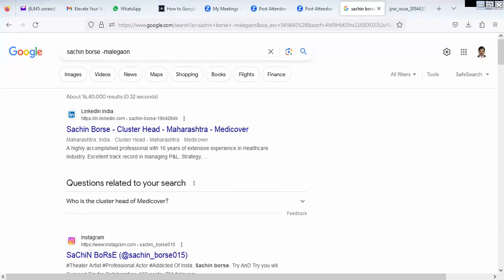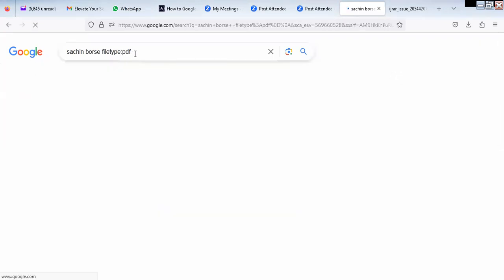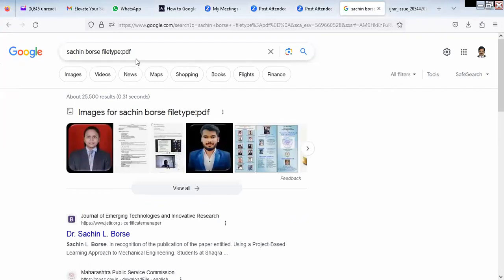Like I want some PDF related to that particular topic. So I have to mention the file type, that I want all the PDFs related to Sachin Borse. So I will say filetype colon PDF. Enter. So you'll get all PDFs.